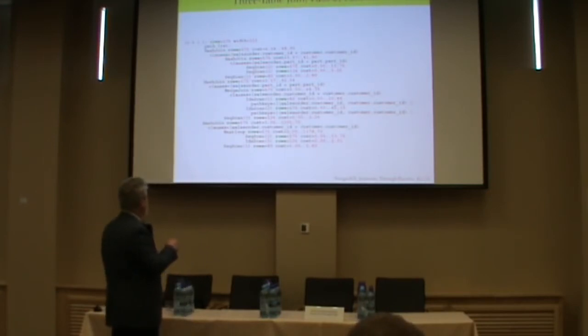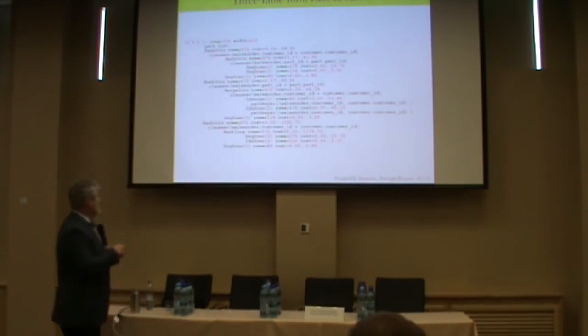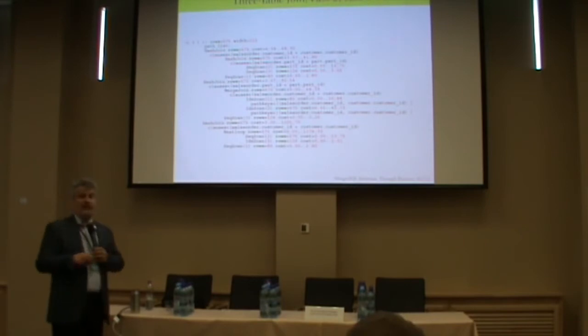The second one, I have a hash join of 1 to 2 and then to 3. See the order's different here, 2, 3, 1. And then 1, 2, 3. Here's a hash join of a nested loop. So it's a hash join on the outside, but the 2 to 3 is a nested loop on the inside.